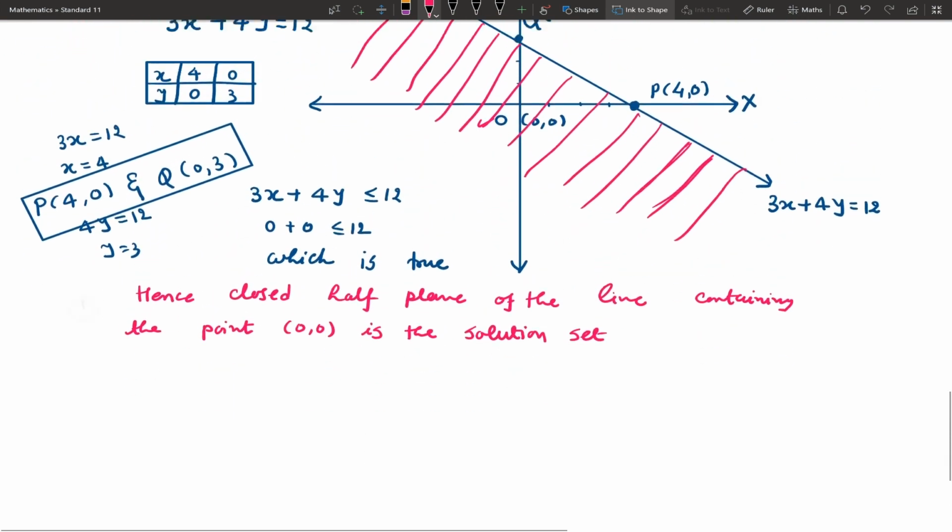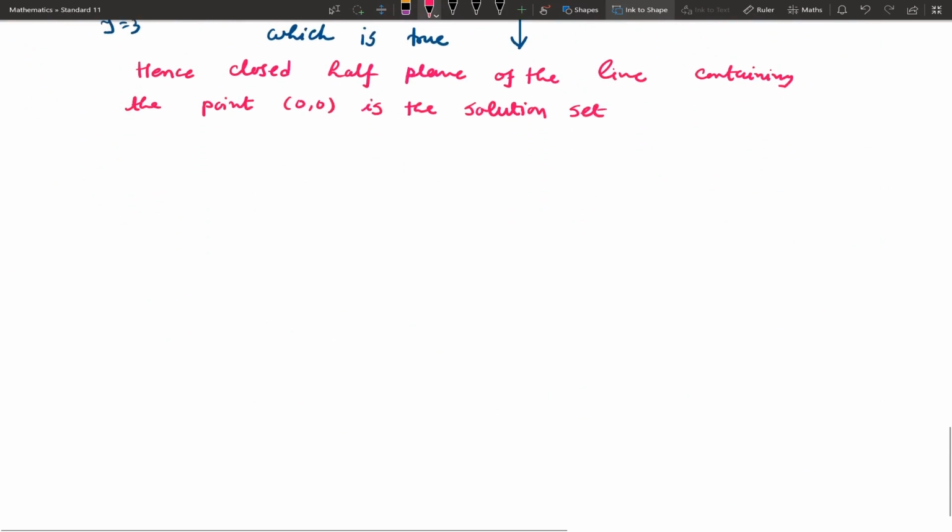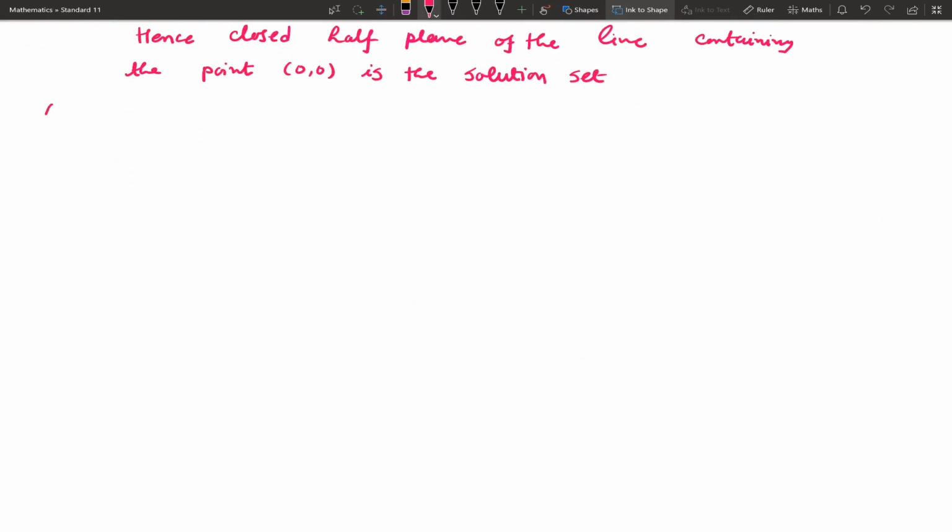Next one, y plus 8 greater than or equal to 2x. Solution.